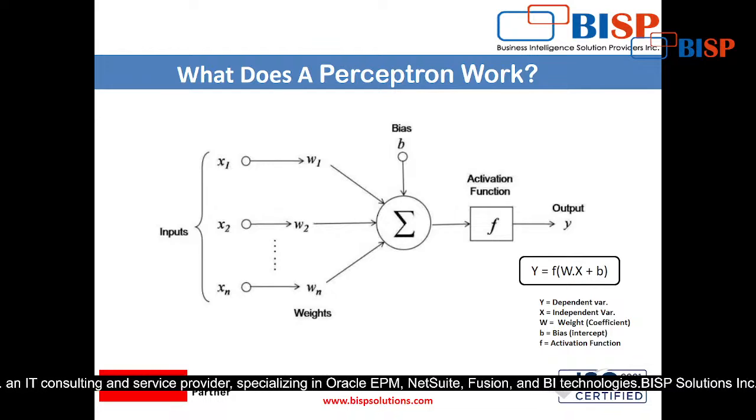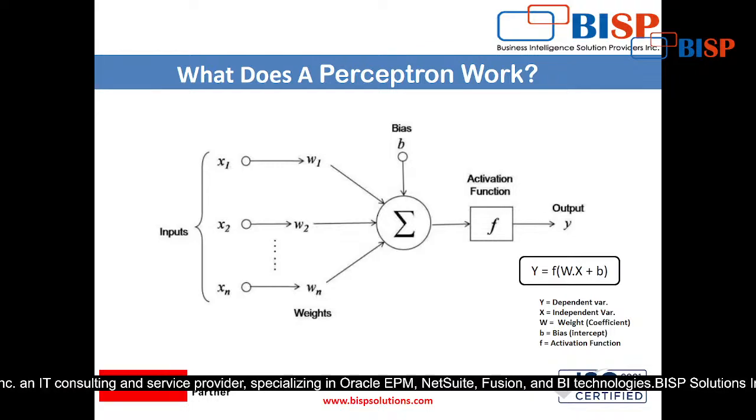Now look at this, x1 w1. Here x is an independent variable. Over the last 3 sessions we have been keeping independent variables in the x variable and the dependent variable in the y variable. Same thing is here. X means independent variable, W means weight, the coefficient or the additional information. These are the inputs. B means bias, the intercept.